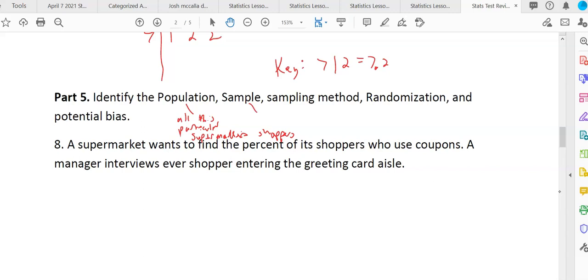The sample taken from the greeting card aisle.